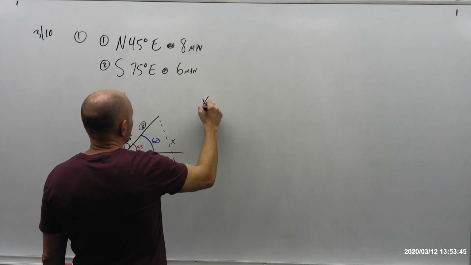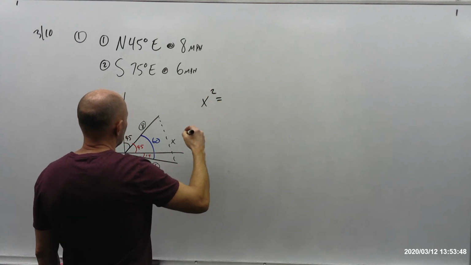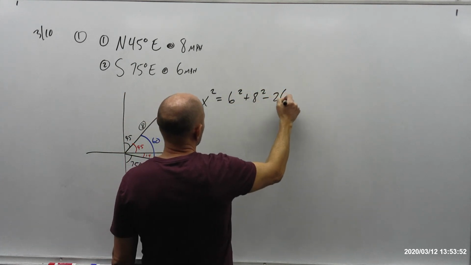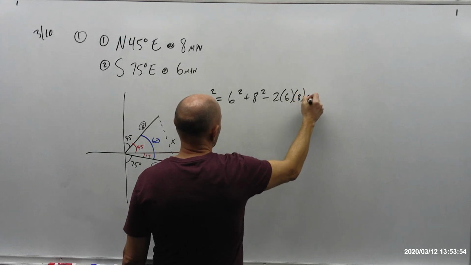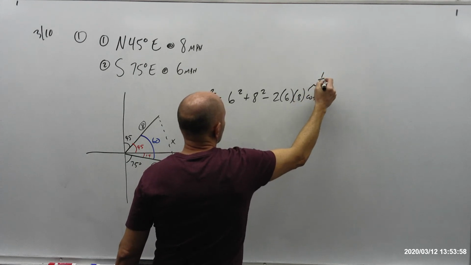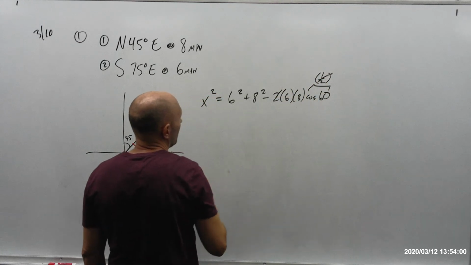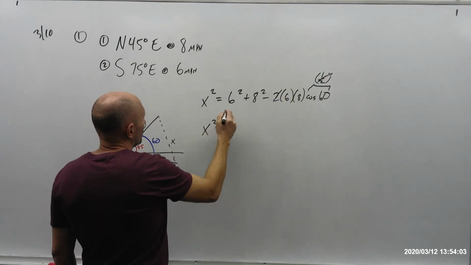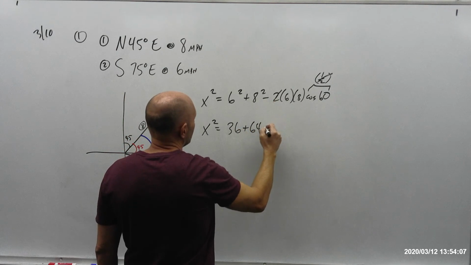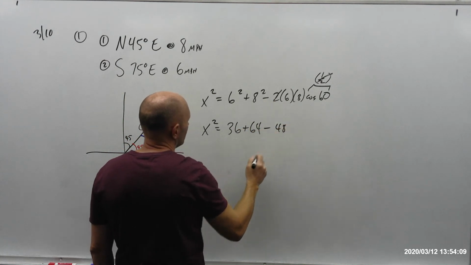So we get x squared is equal to 6 squared plus 8 squared minus 2 times 6 times 8 cosine of 60. Well, cosine of 60 is a half, so that cancels out with the 2. So I have x squared is 36 plus 64 minus 48.